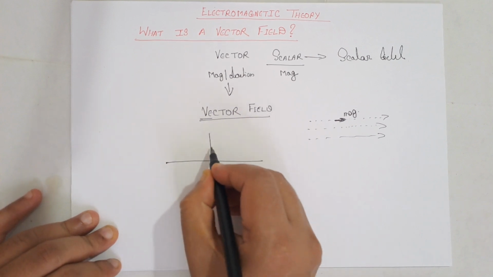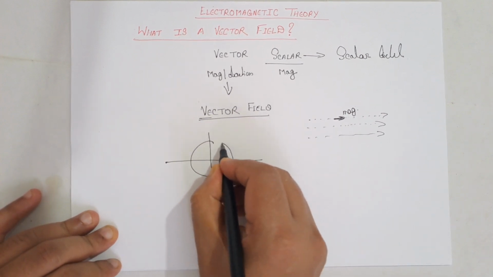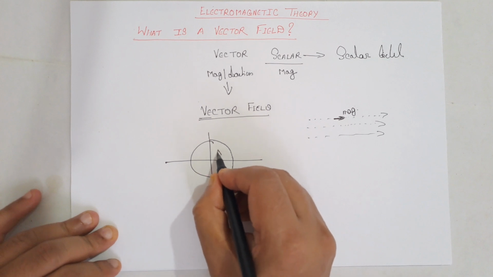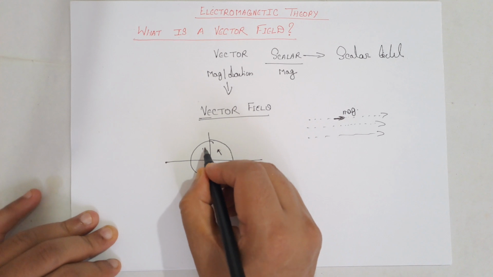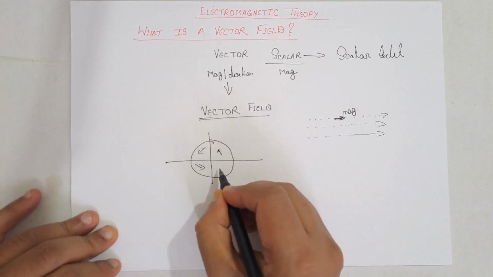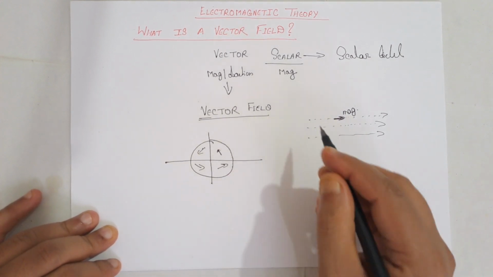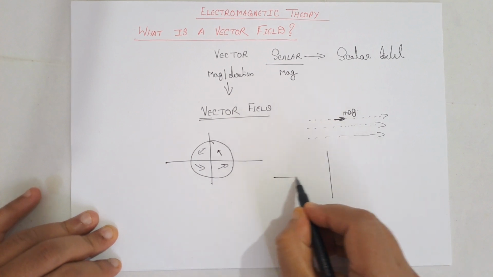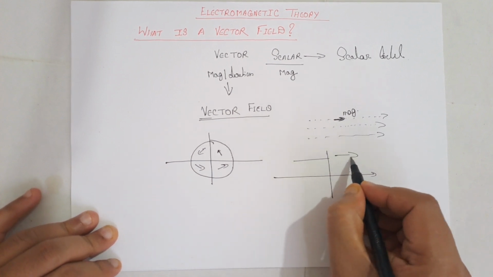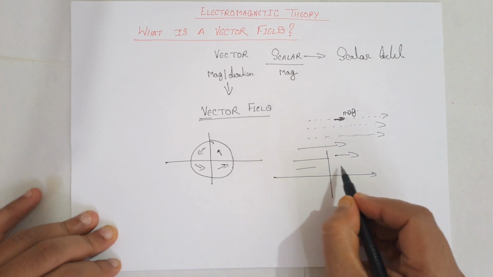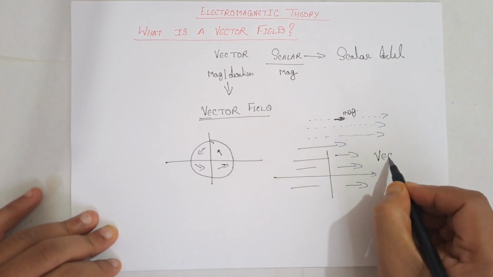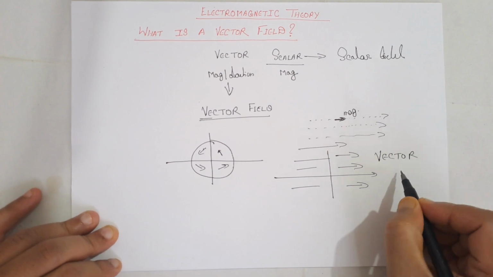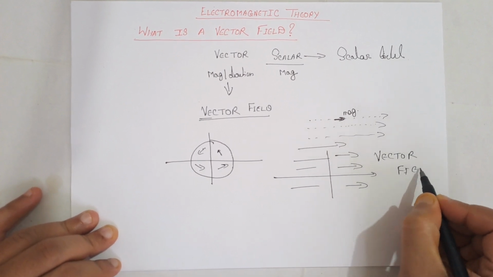A disk rotating about its axis can be taken as a vector field. Points on the rotating disk can be taken as a vector field. Or flow of air is also a vector field.